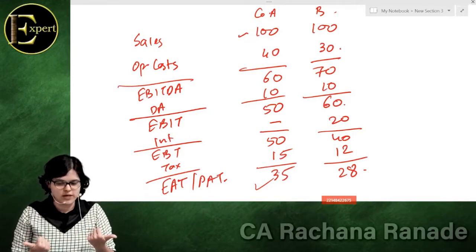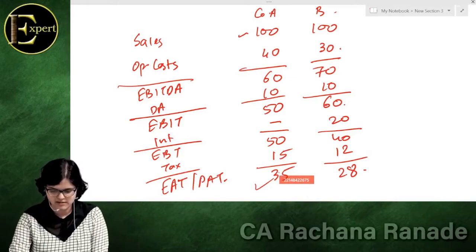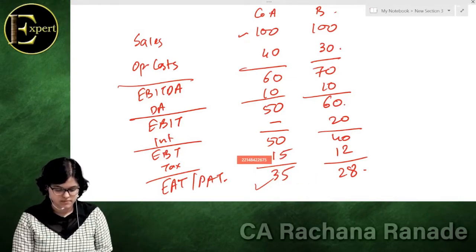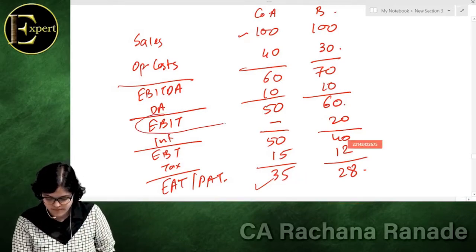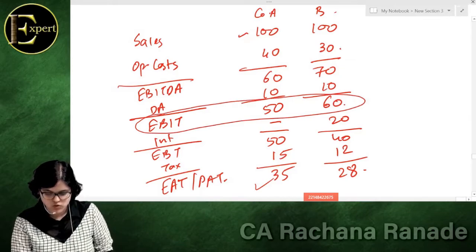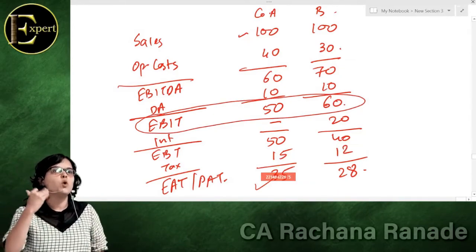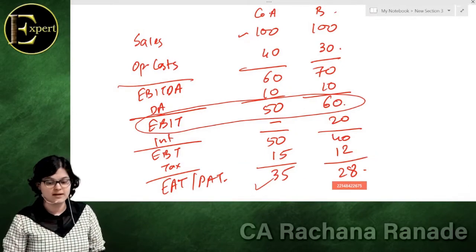Okay, so what is the prediction? What is the analysis? Analysis is that operating profit is higher for B. So ideally B should be in a position to generate more profits in the coming days. If they are able to generate more profits in the coming days, then their interest cost is going to go down.